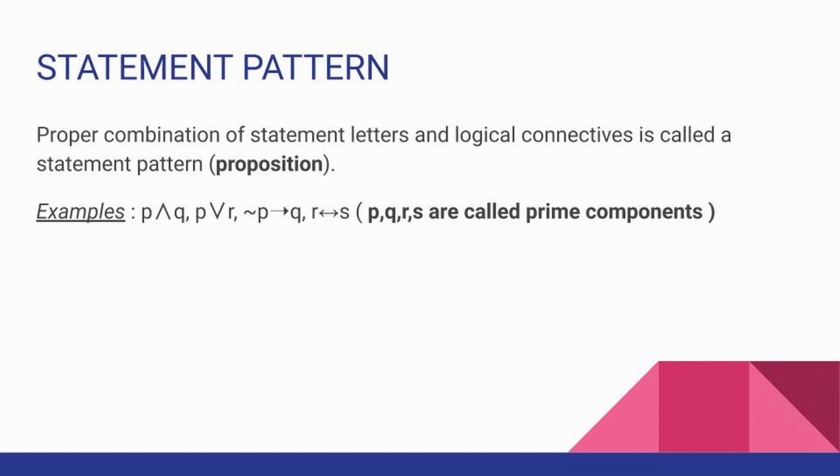First we have P and Q, then P or R, negation P implies Q, R if and only if S. These are examples of statement pattern. Here statement letters P, Q, R, S are called prime components. Thus, with the help of proper combination of statement letters and logical connectives, you will get a statement pattern.